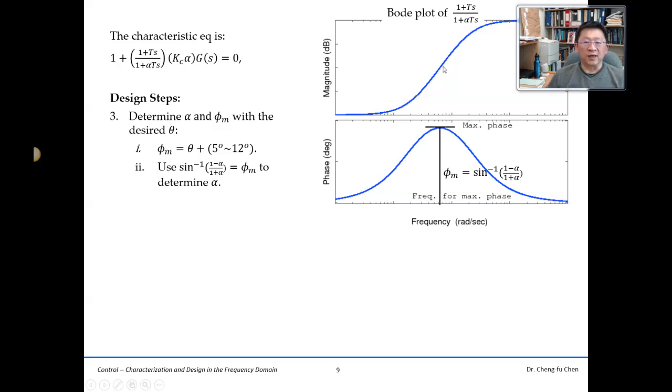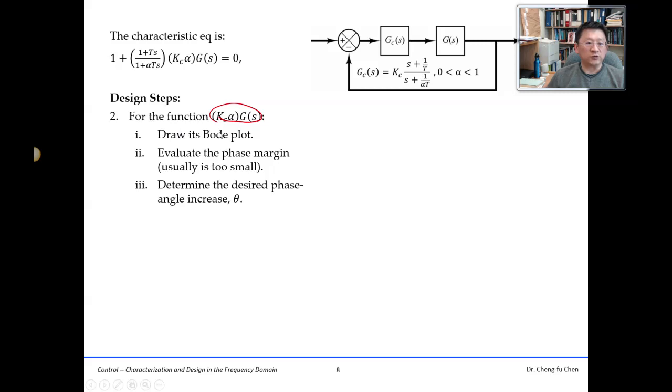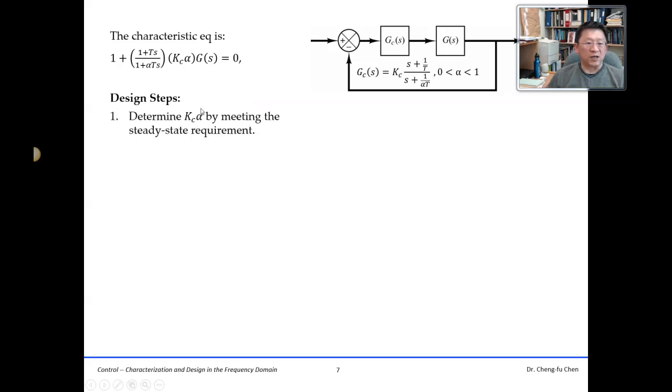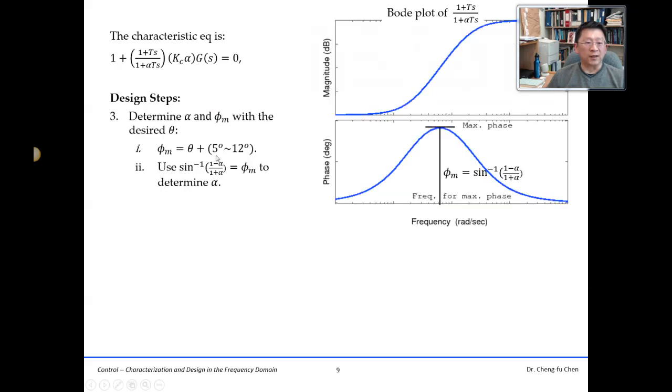Again, in these controllers, we have Kc, one parameter, alpha, the second parameter, and T, the third parameter. From the previous page, the first step, we have the first equation formulated, and from here we solve for alpha.